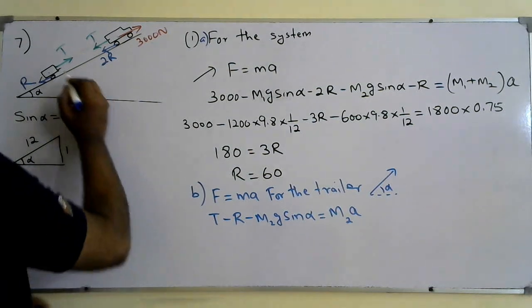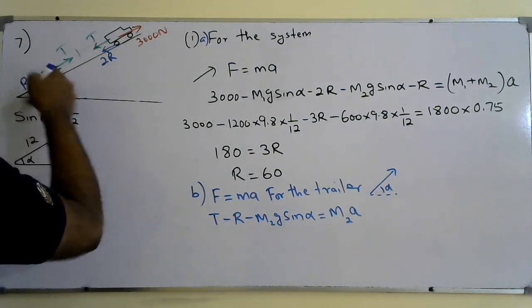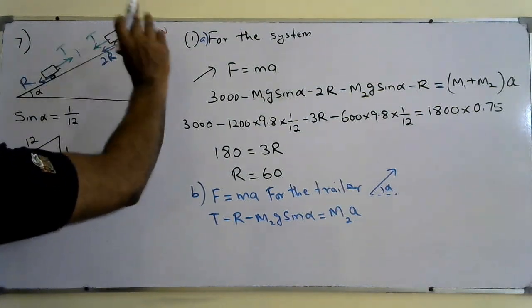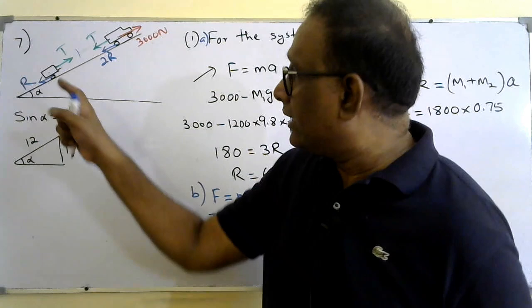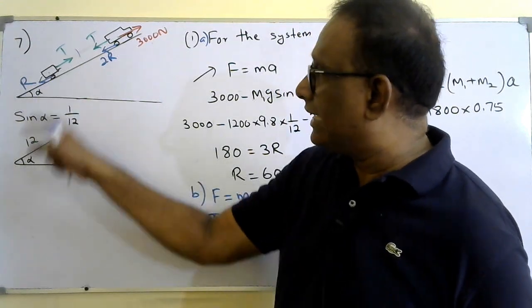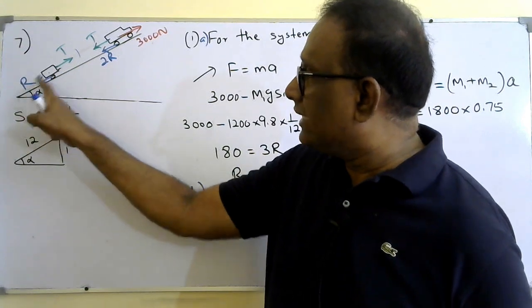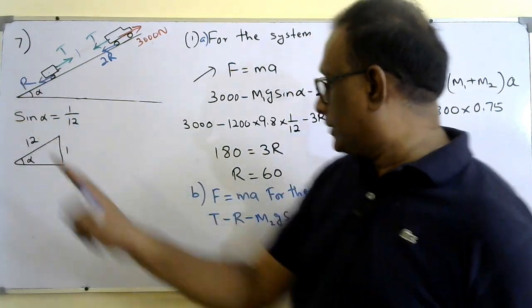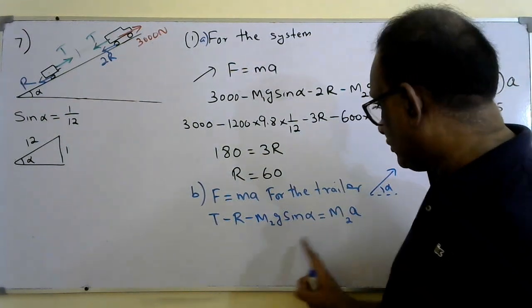Is it? When I consider only the trailer, the force acting on the trailer which is pulling upward is the tension provided by the tow bar, giving the required force to accelerate the trailer. So that is T. T minus m2g sine alpha, the component of the weight along the slope down, and R is down, minus R, equal to m2a.